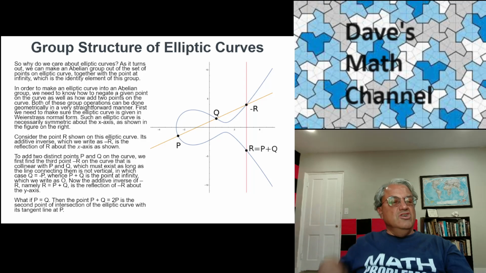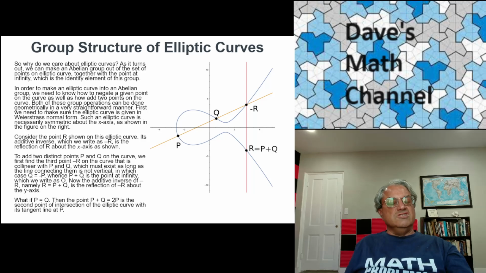Well, that's easy. All you have to do is look at the vertical line that intersects the elliptic curve, and then the other point. There's always going to be one other point, and that's minus R. It's always the same distance on the other side of the x-axis. So all we're really doing is negating the y-coordinate.